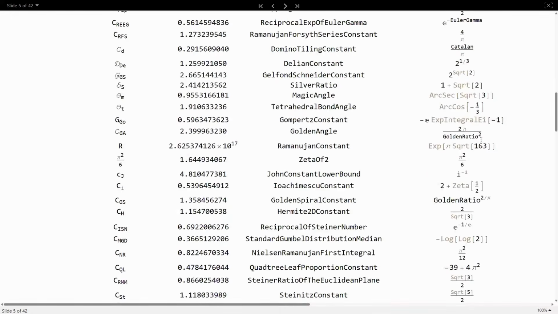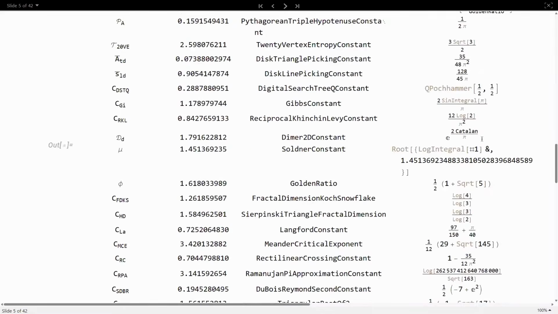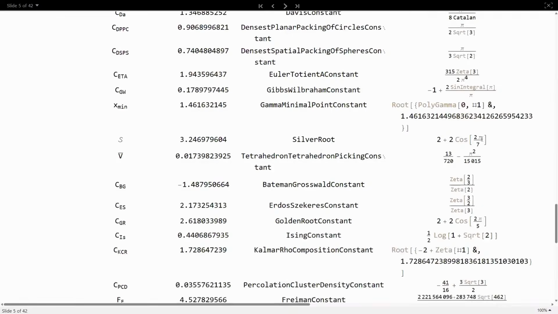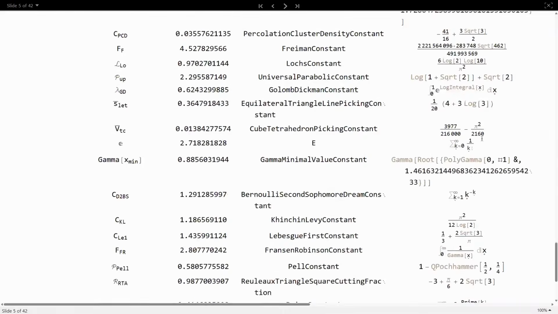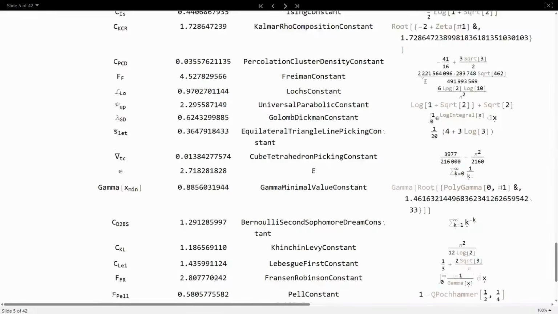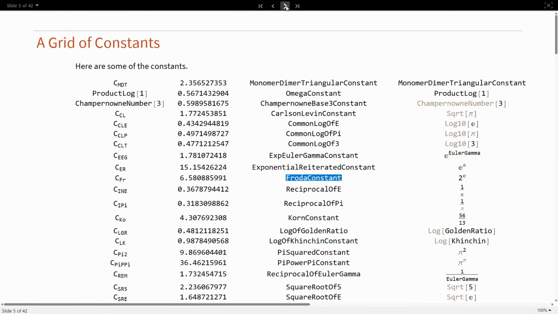We've got a whole bunch of different constants, and these are the ones that are a little bit easier to represent exactly. I did not list in this table the ones that don't have an exact representation, or that the column over here would fill several pages, such as the Conway constant, which is an order 76 polynomial root.